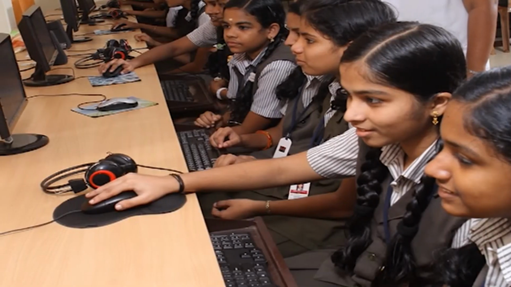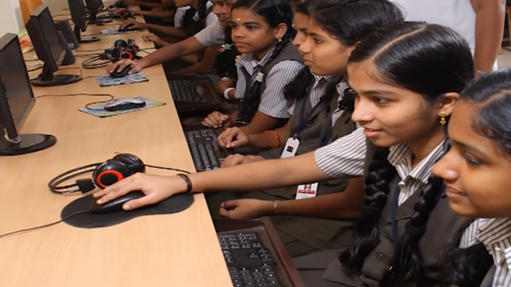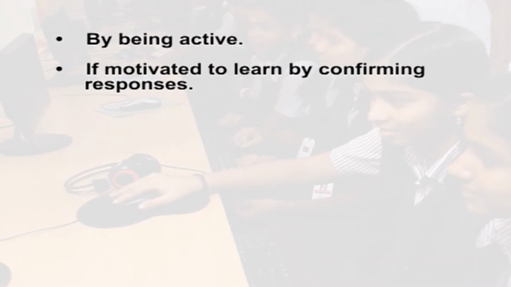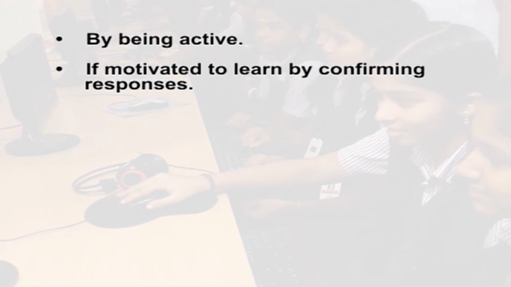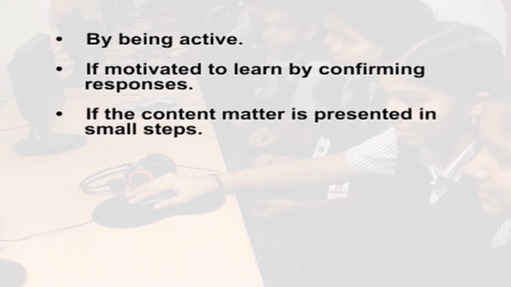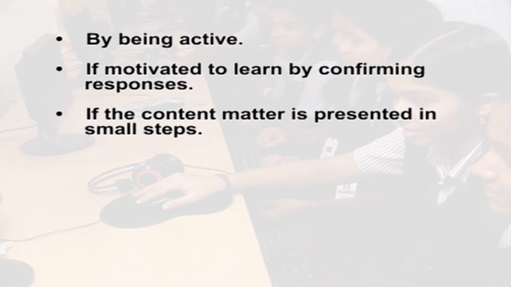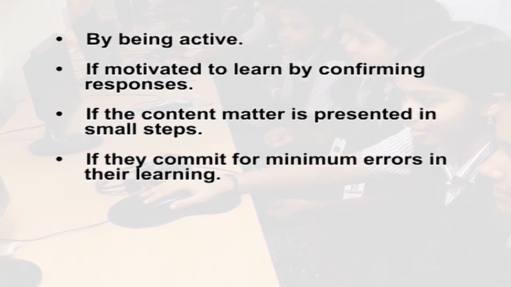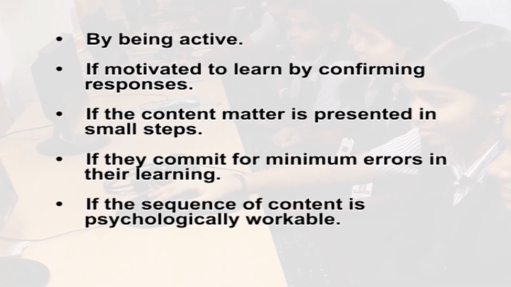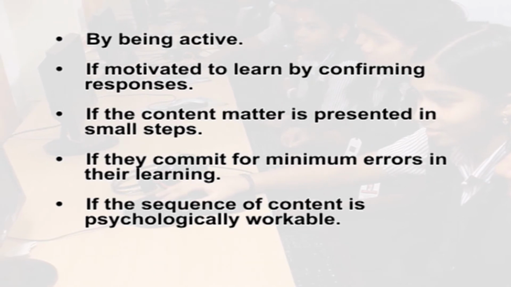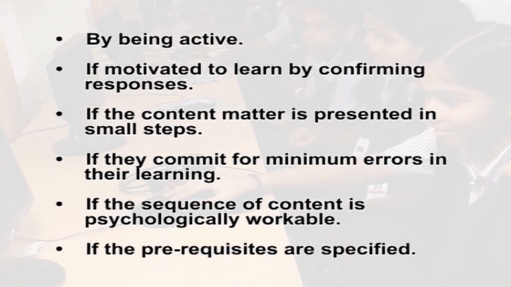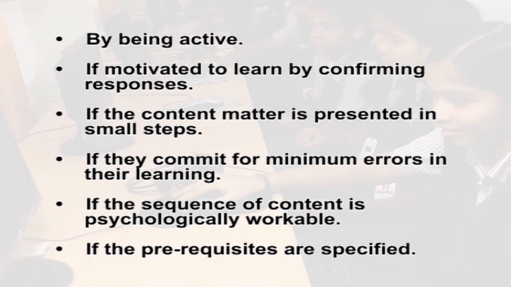Programmed instruction has the following basic assumptions. Students learn better by being active, if motivated to learn by confirming responses, if the content matter is presented in small steps, if they commit minimum errors in their learning, if the sequence of content is psychologically workable, and if the prerequisites are specified.